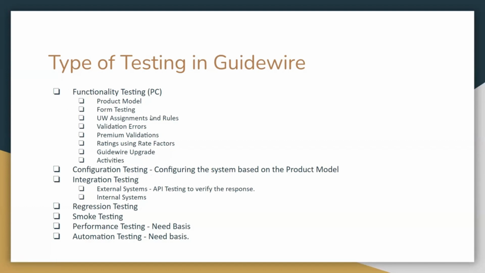And configuration: how the product model, forms, and underwriting rules requirements are derived, and how they are loaded in the Policy Center application. These come under configuration testing, and we are going to learn this as part of the training. Integrations, no, we cannot do it, because there are limitations, as our base product is not integrated with anything.